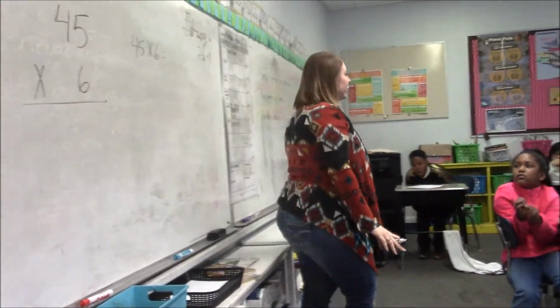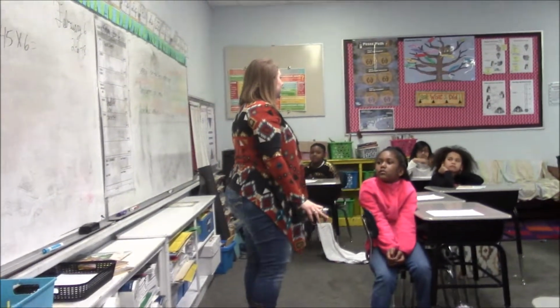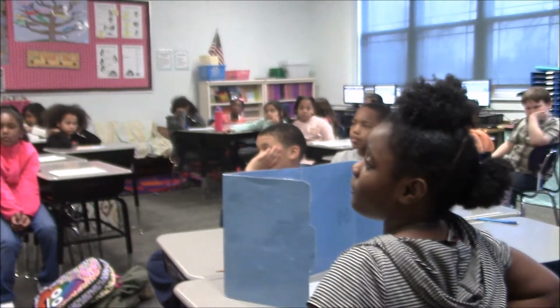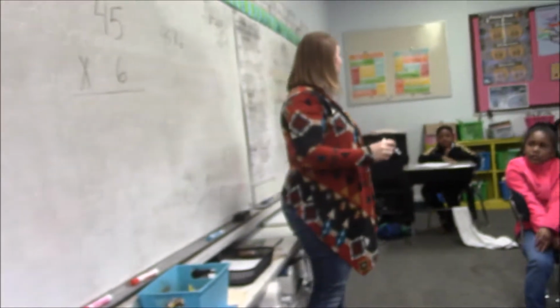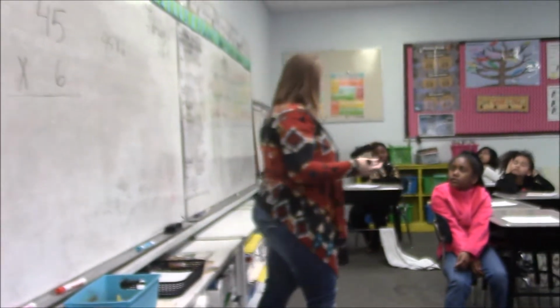So what do we do first? I really like to see your eyes on me. What do we do first, Alea? We multiply 6 by the number in the ones place. Good. So what would that problem be, Brajon?